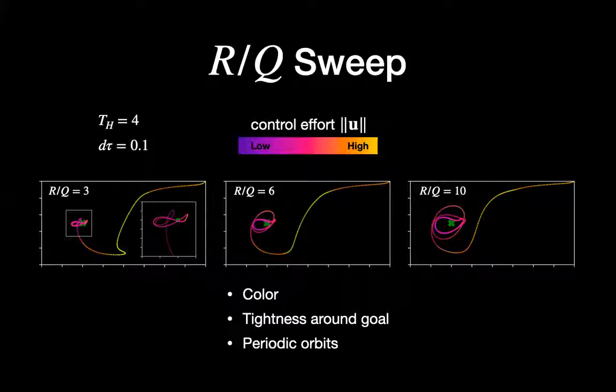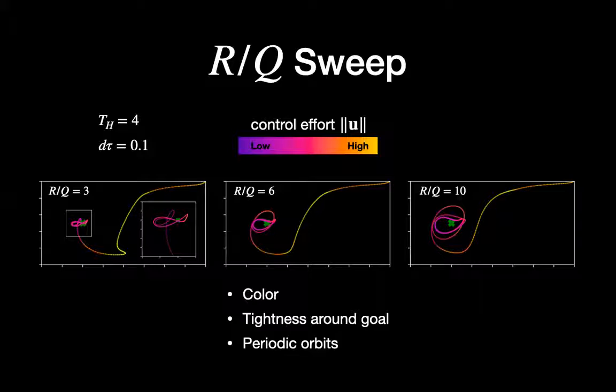I'm going to keep the time horizon and the sampling rate fixed, and I'm going to sweep through different R by Q ratios. What we want to take note of here is how the color of the trajectory changes, which shows how the energy is being spent. Towards the right, a general trend you can see is that things are getting more and more purple, and the tightness around the goal changes.